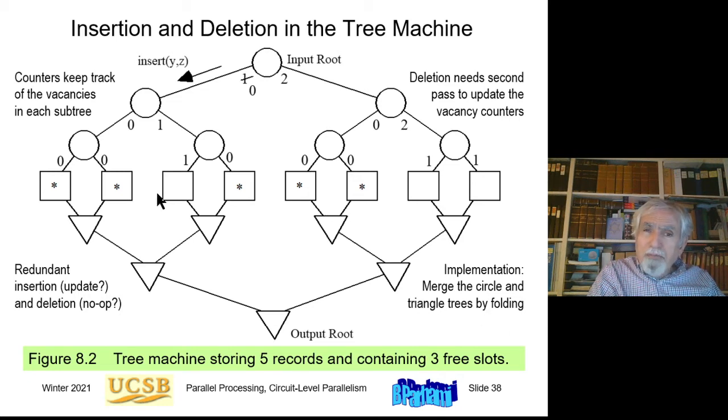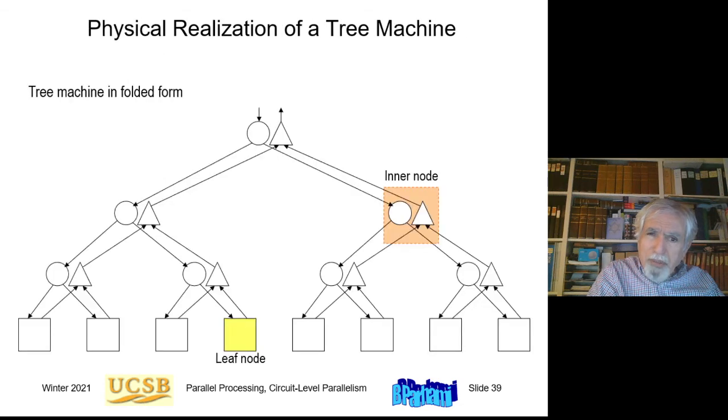Okay, so for the sake of simplicity in describing the machine, I've described it as having 2 trees, the circle tree and the triangle tree. In hardware implementation, actually these 2 trees are merged by folding the machine to get a regular ordinary tree where each node has both the circle function and the triangle function.